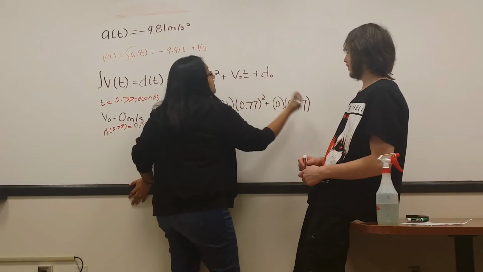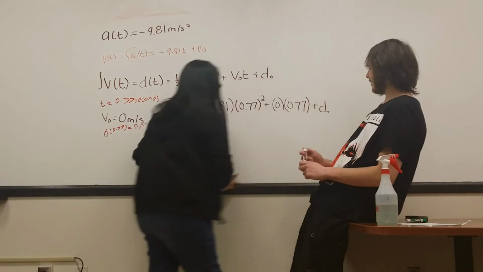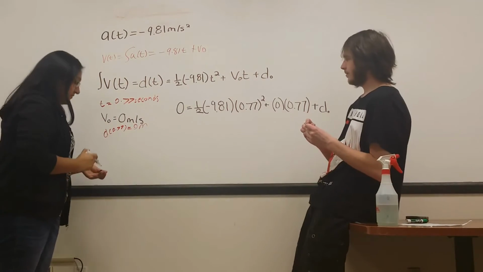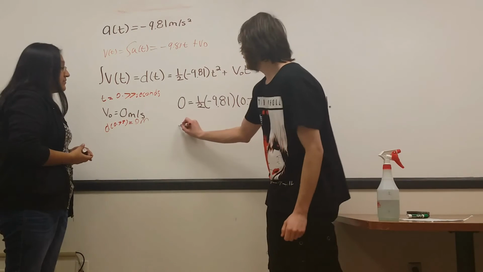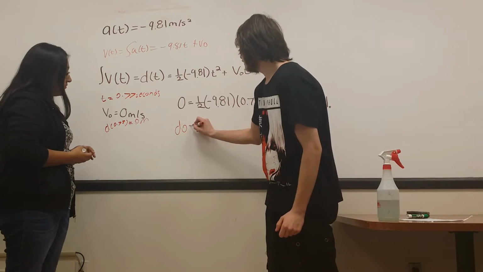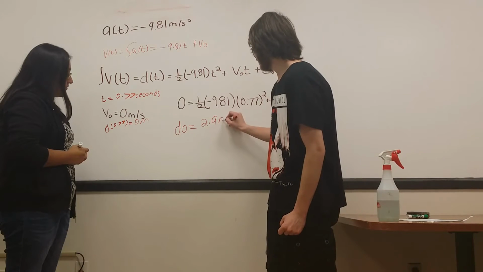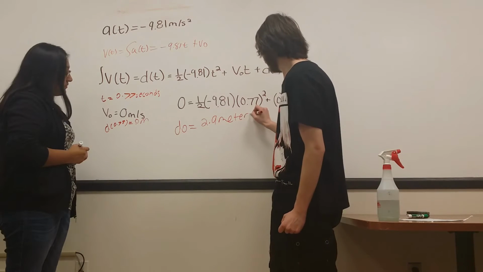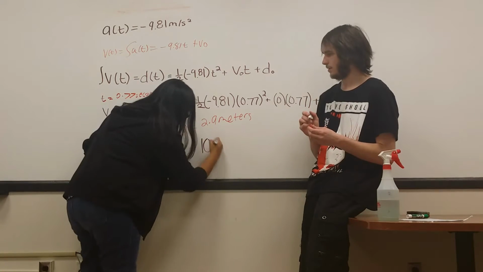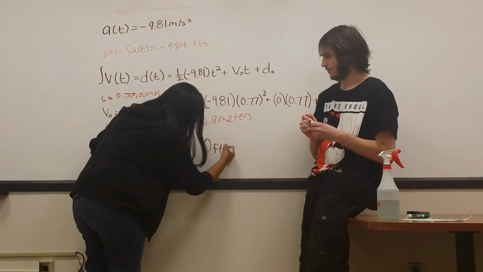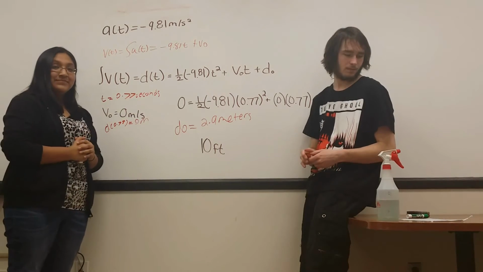And then our initial distance is what we're trying to find. Now after you do some algebra, you end up with d0 is equal to 2.9 meters, or 10 feet, just about. This was the initial position from where the egg was dropped.